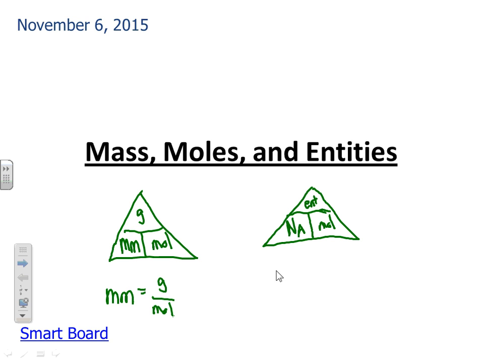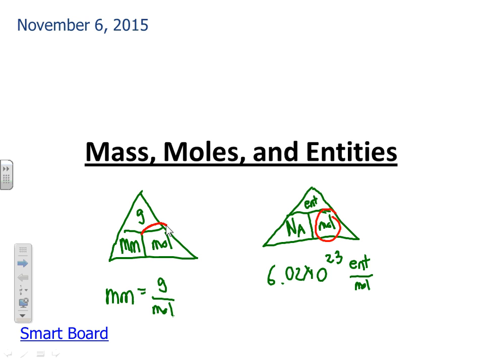So remember, Avogadro's number has a unit of entities per mole, which means when we want to use Avogadro's number, that gives us entities per mole. Remember, we can always get our equations from the units of the numbers that we want to deal with.